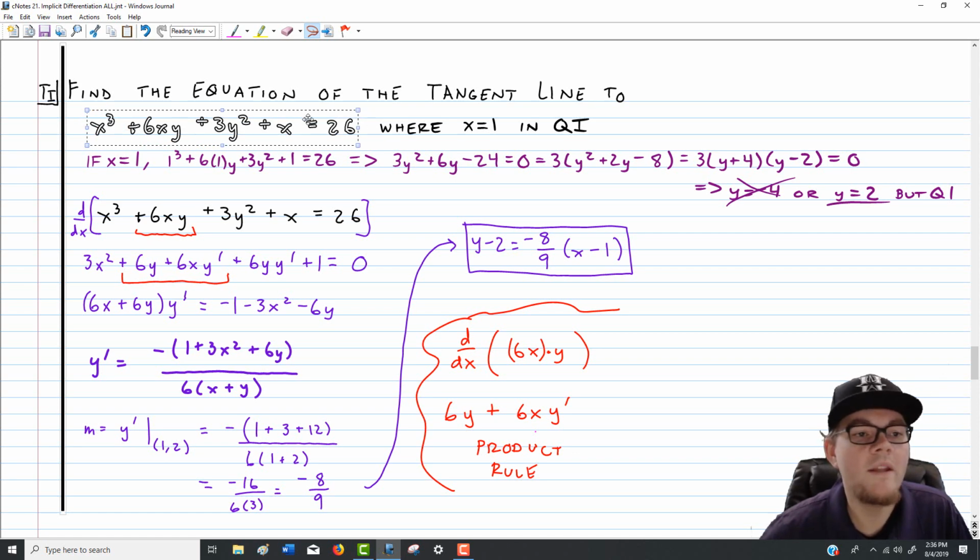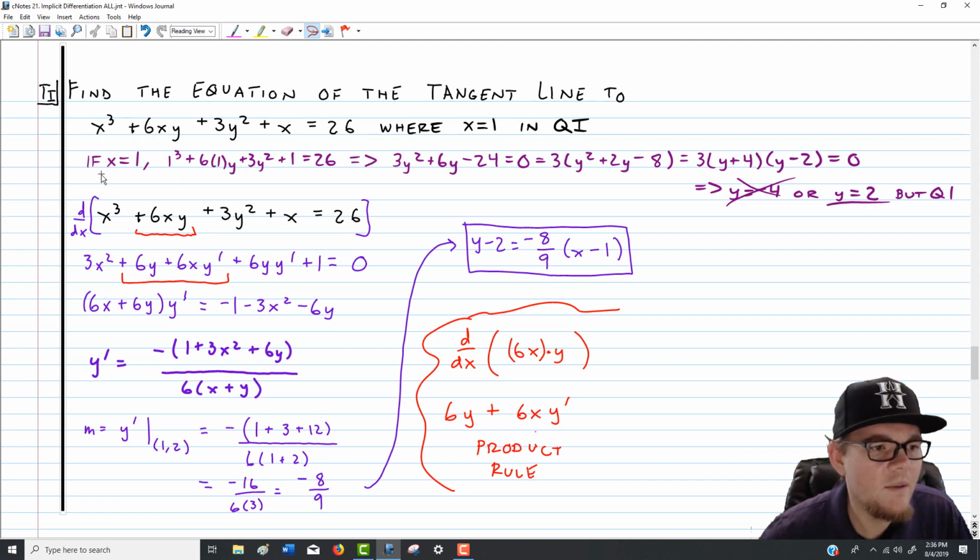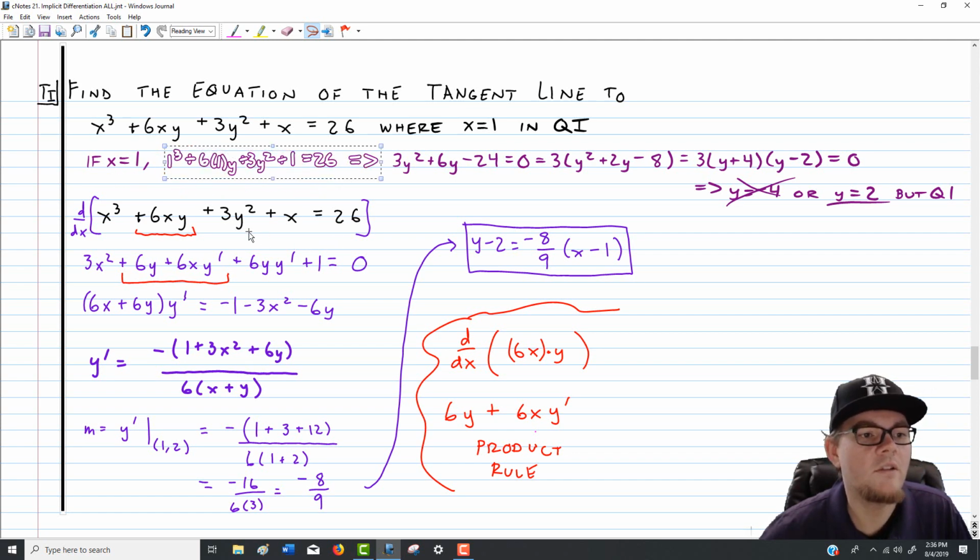In other words, any point on this curve, including the point of tangency in this case, has to satisfy x cubed plus 6xy plus 3y squared plus x equals 26. So I took x equals 1 and plugged it into that equation. Notice I've replaced x cubed with 1 cubed, 6x with 6 times 1, and x with 1.